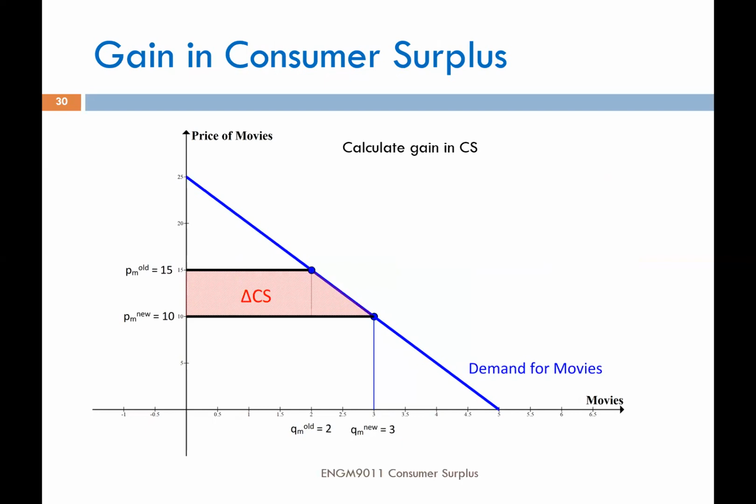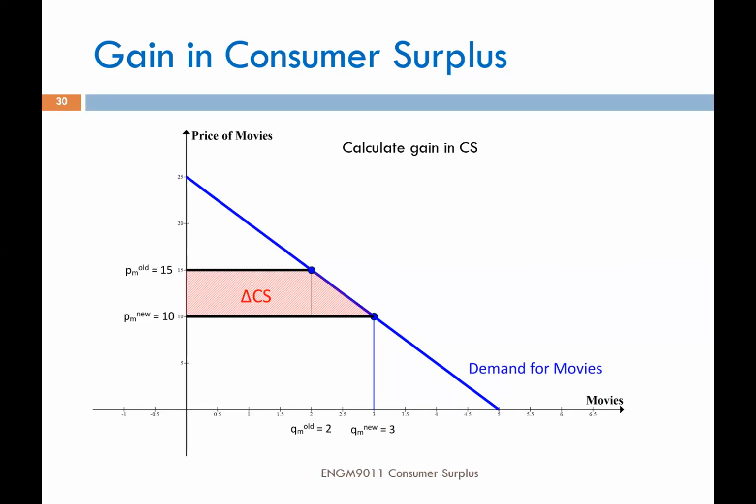The bigger triangle is the consumer surplus when the price is 10. The difference between those two is that shaded pink area. So to calculate the change in consumer surplus, we can just calculate that area to the left of the demand curve between the two prices. Here the price fell from 15 to 10, so it's a gain. If the price increased from 10 to 15, there'd be the negative of that area.